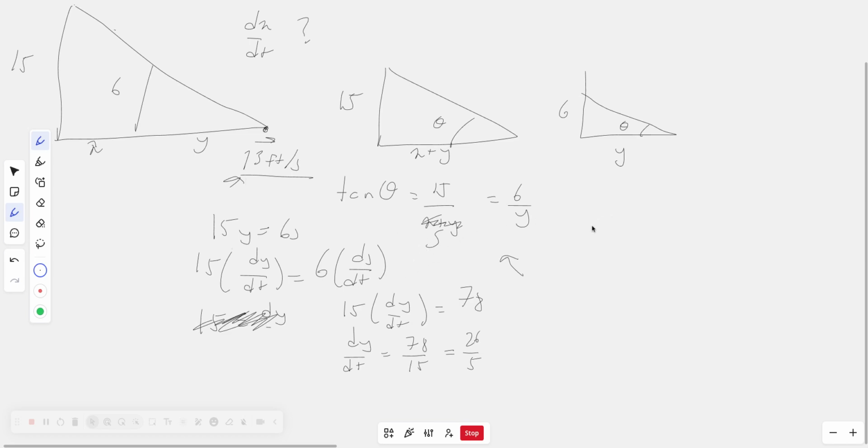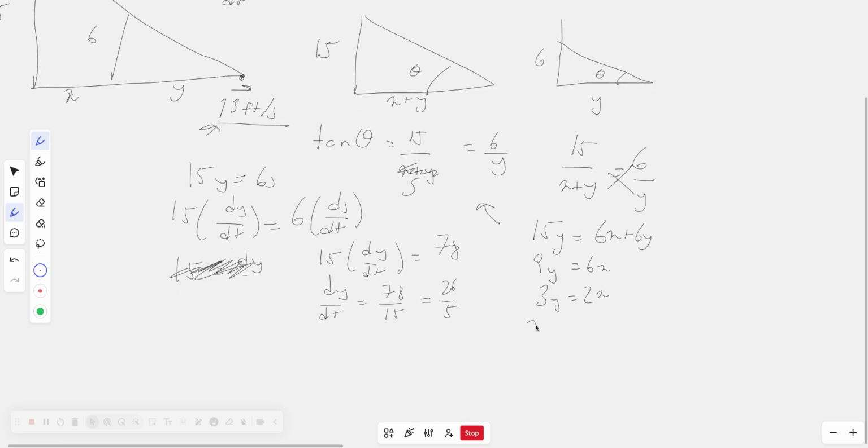But now we're going to separate that back into x and y to be able to solve for dx over dt with dy over dt, which we just calculated. So now we can cross multiply over here, and we get 15y is equal to 6x plus 6y, and then 9y is equal to 6x, and then 3y is equal to 2x.